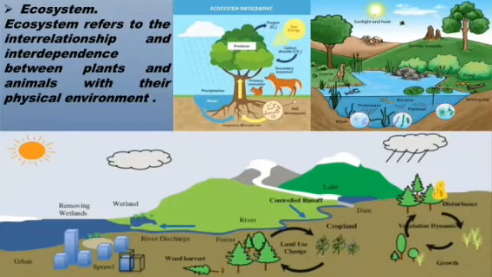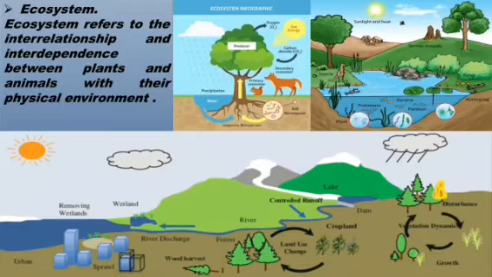Ecosystem refers to the interrelationship between plants and animals, or we can say that it is the interdependence and interrelationship between plants and animals with the physical environment. Plants and animals are dependent on each other in respect of various things, that is the carbon dioxide and oxygen relation.